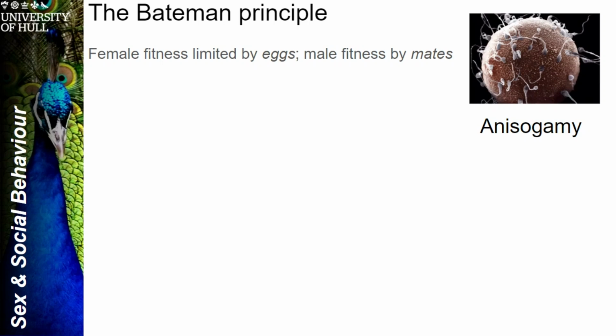A male is typically limited by the number of mates he can physically find and mate with. So females are limited by eggs, and therefore the resources they can gather in order to produce those eggs. And males are limited by mates, so by competition for mates and by mating effort.